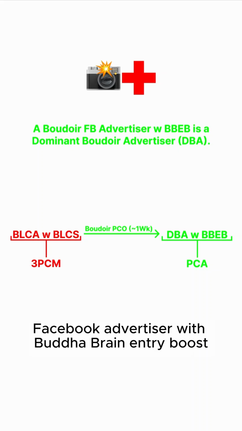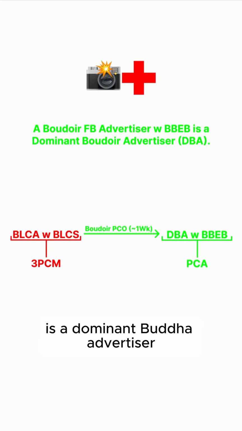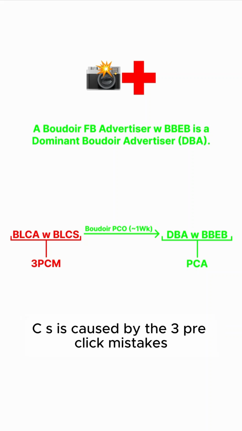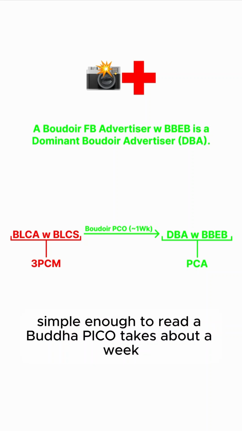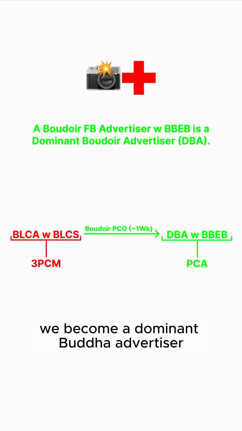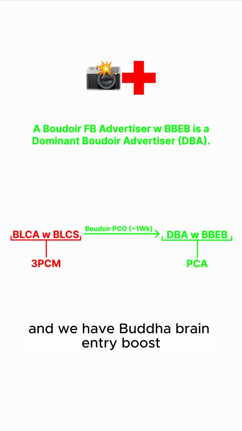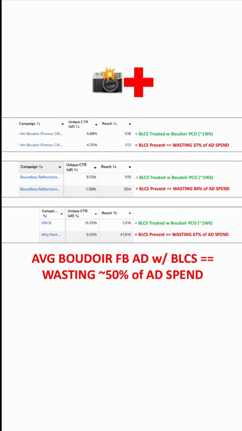And a Boudoir Facebook advertiser with Boudoir Brain Entry Boost is a dominant Boudoir advertiser. So here's our universe. BLCA with BLCS is caused by the 3 pre-click mistakes. Simple enough, treated with Boudoir Pico takes about a week, and we achieve pre-click alignment. We become a dominant Boudoir advertiser, and we have Boudoir Brain Entry Boost with our Boudoir Facebook ads.